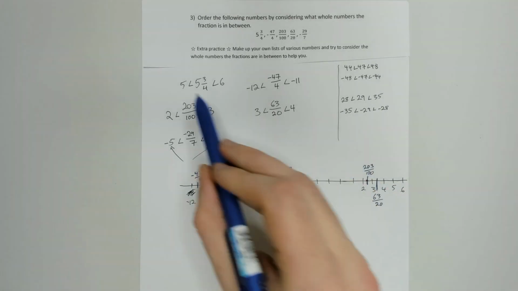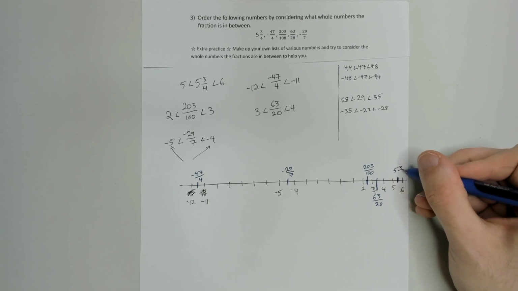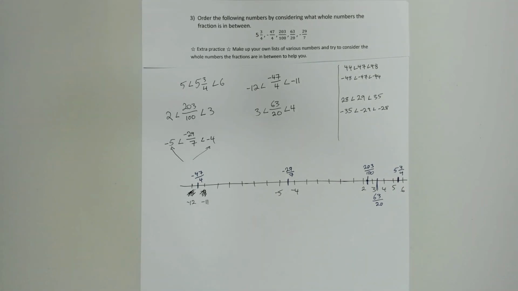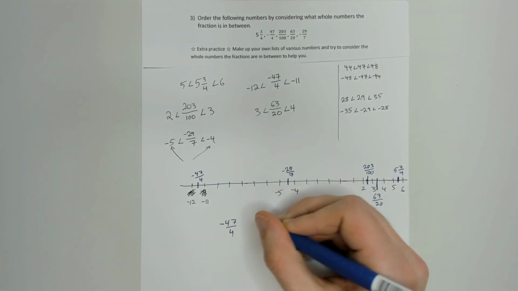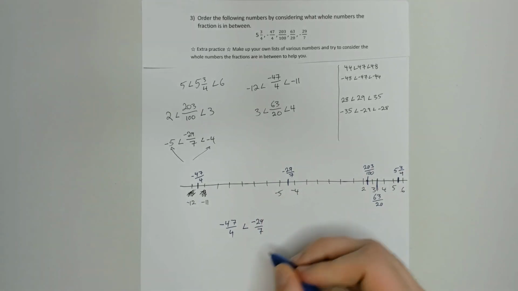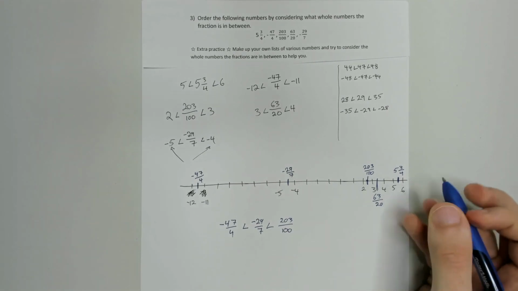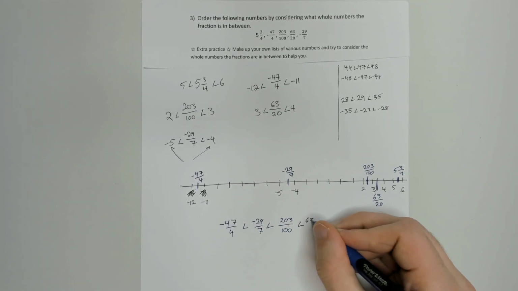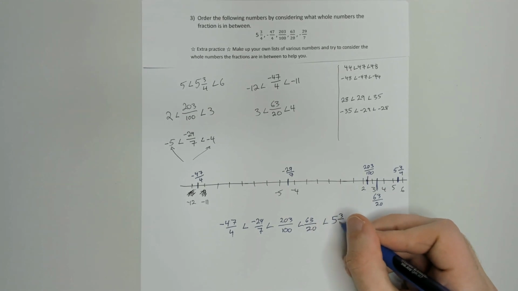And then between 5 and 6, we've got 5 and 3/4. So we have just ordered all of them, right? We see very clearly what their order is on the number line. Negative 47 over 4 is last, and then that is less than negative 29 over 7, and then that is less than 203 over 100. And then in second place, we've got 63 over 20, and then greater than all of these is 5 and 3/4.